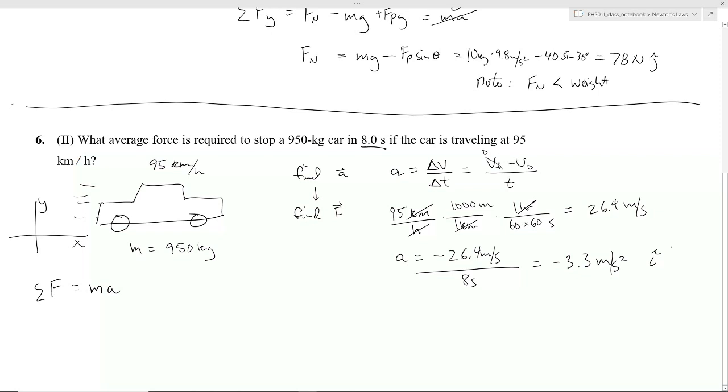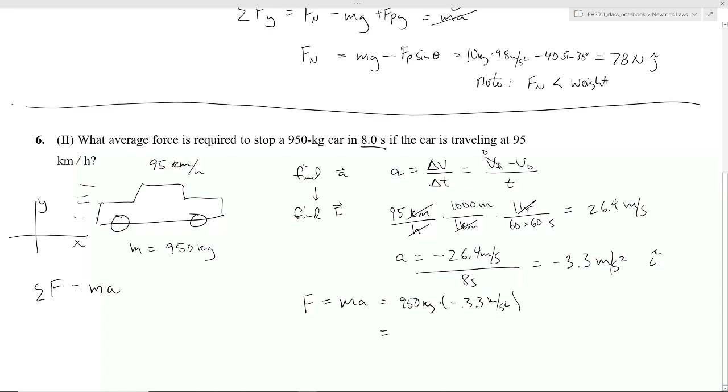Okay, so if we know the acceleration, we can find the force. The net force is the mass times the acceleration. So, which is simply going to be 950 times our 3.3 meters per second squared.